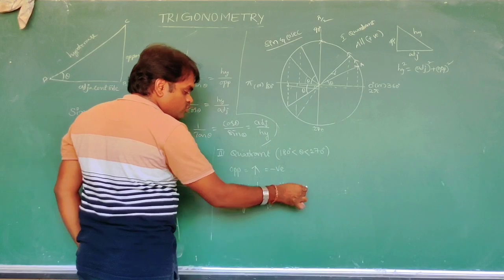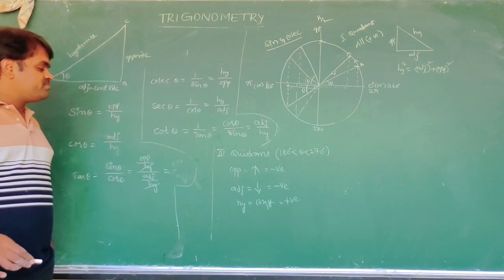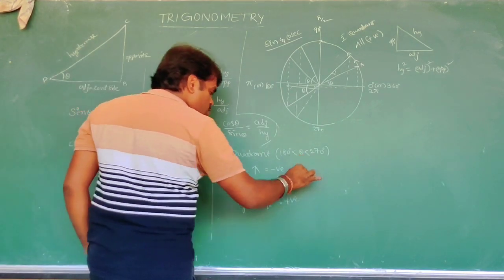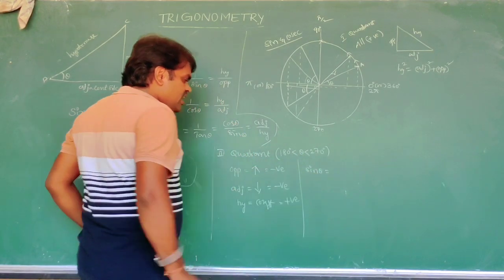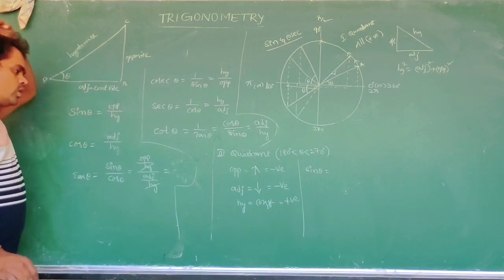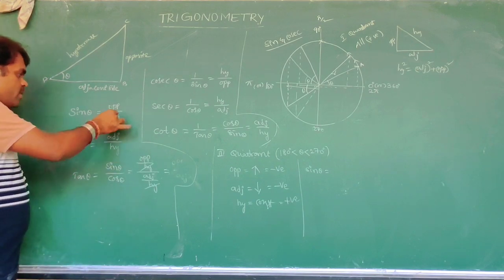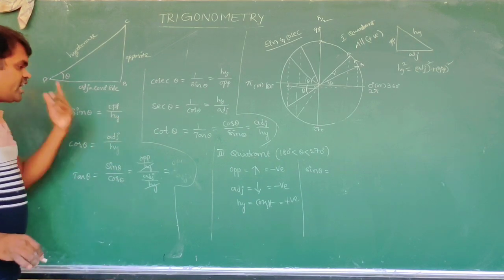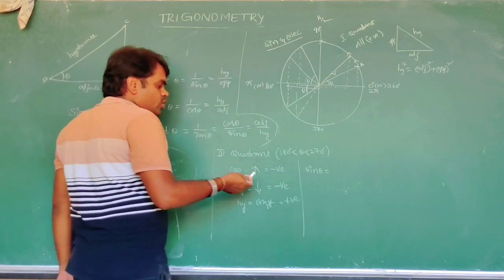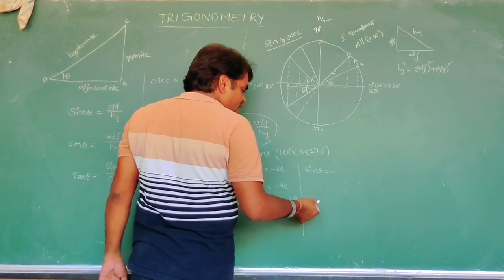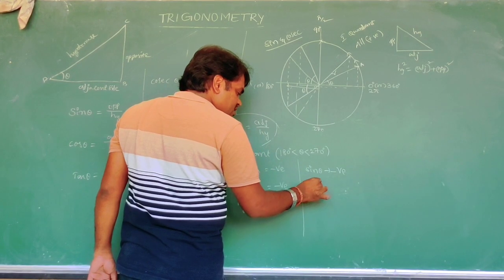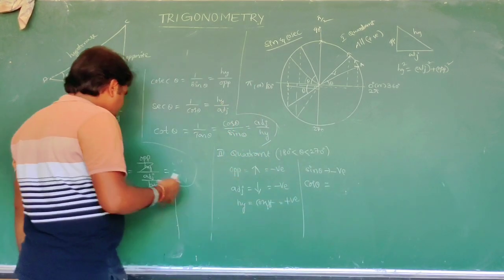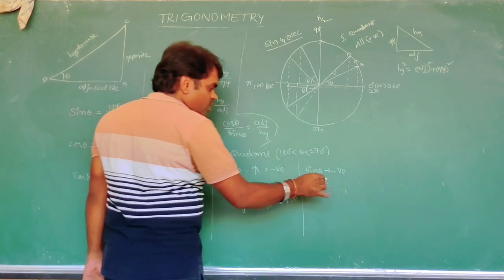It is always positive. Now we are going to discuss sine theta. What is sine theta here? Opposite by hypotenuse. Opposite is negative, increases but negative. That's why sine is negative. Cos is also negative because adjacent side is negative.